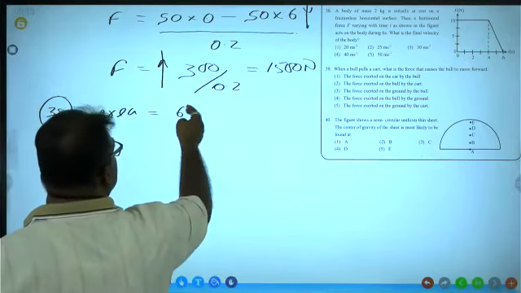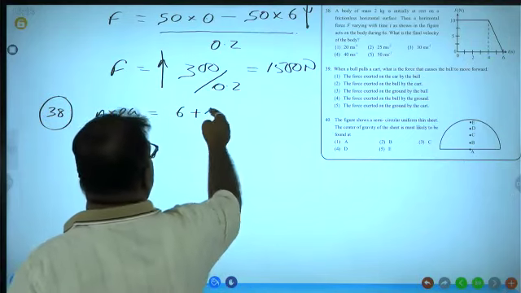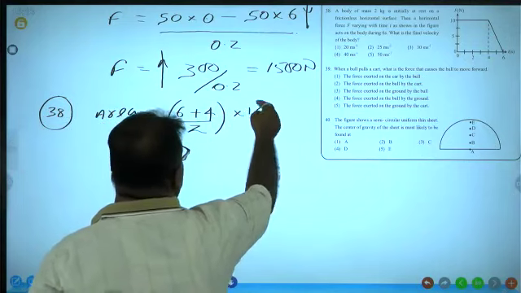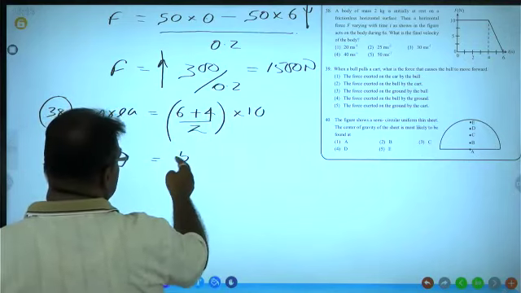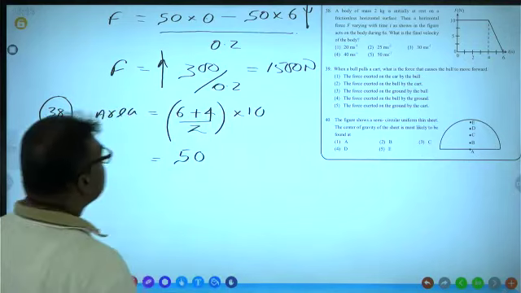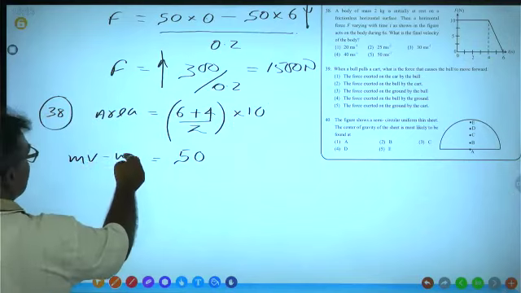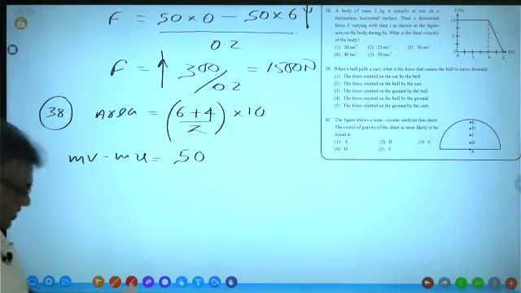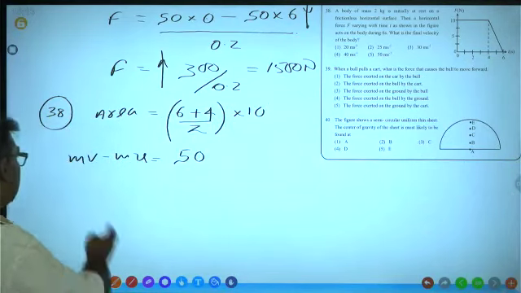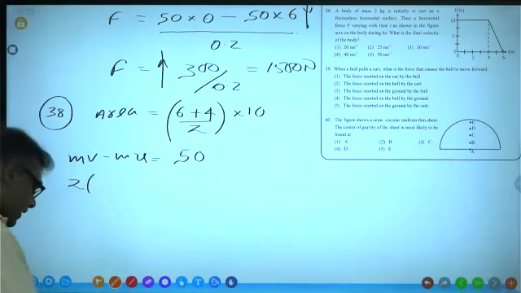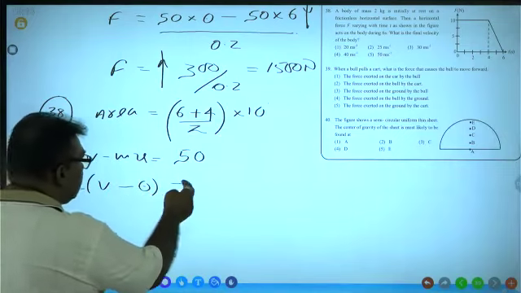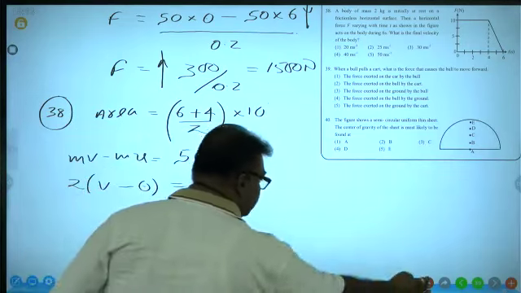Two parallel bases, 6 plus 4 divided by 2 multiplied by perpendicular height 10, it could be 50. And that should be equal to mv minus mu, the change of momentum. According to the question, mass is 2, finally obtained velocity v, initially at rest, it's 50.